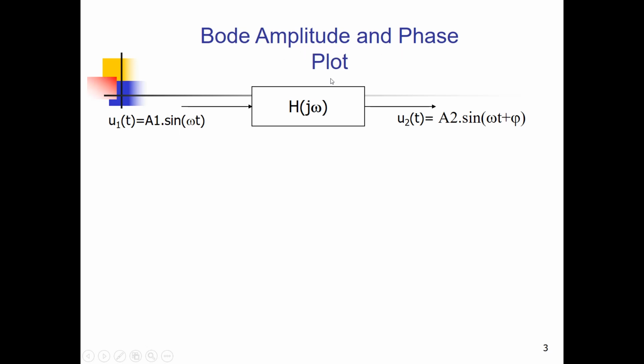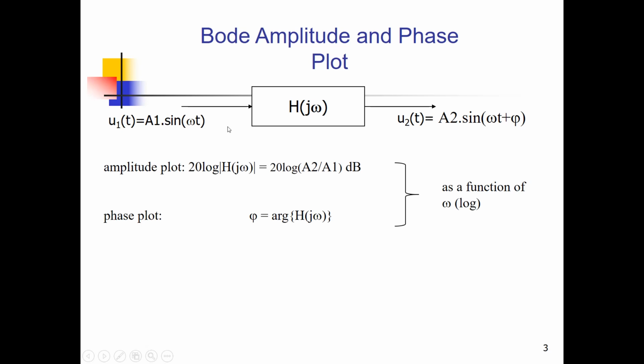Before we start, you should know that when we apply an AC signal to a system which is frequency dependent, like that RC network, we get at the output, for every single frequency, a signal with a different amplitude, A2 in this case, and with a different phase angle relative to the input signal. So in the Bode plot we are going to plot two things: the amplitude and the phase.